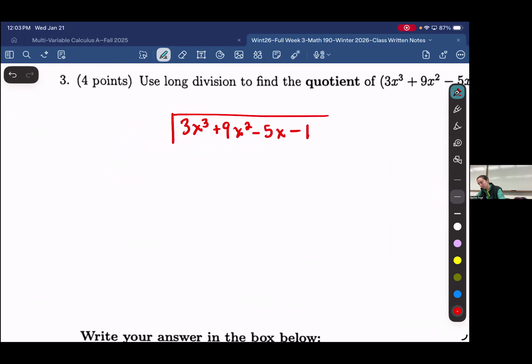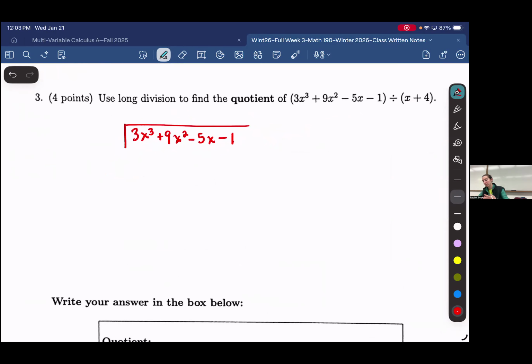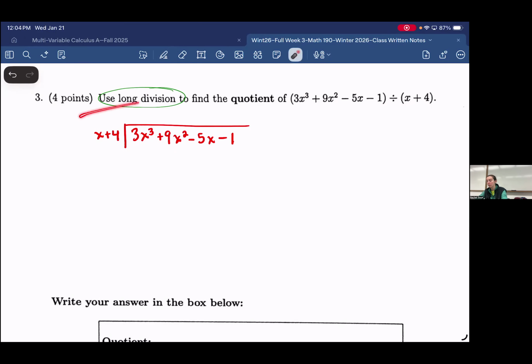No, we're good. Okay. And then our divisor we have as x plus 4. They're explicitly stating to use long division. So if you use synthetic, only use that to check, but you need to solve using long division to get full credit for this problem.